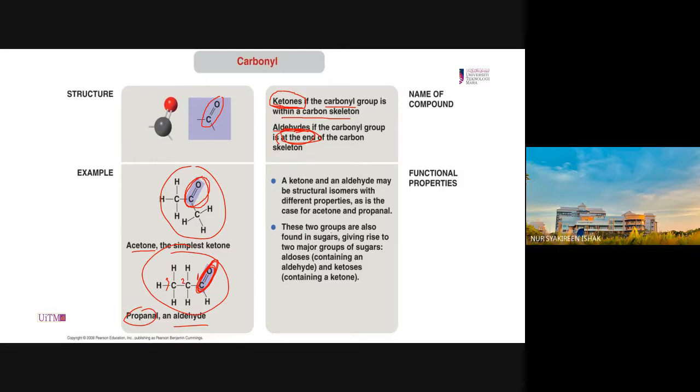So these two groups are also found in sugars, giving rise to 2 major groups of sugars. You can classify sugar monomers as aldoses or ketoses.